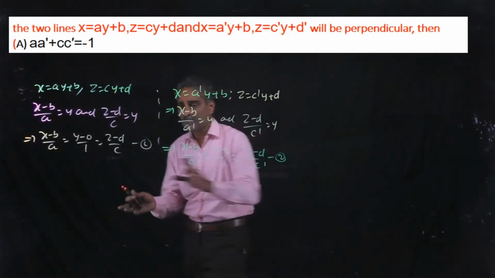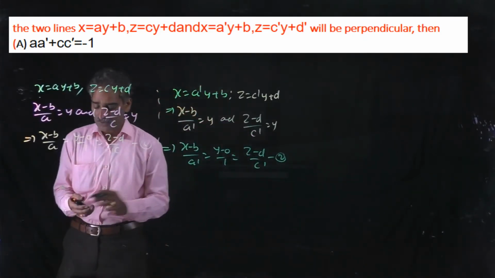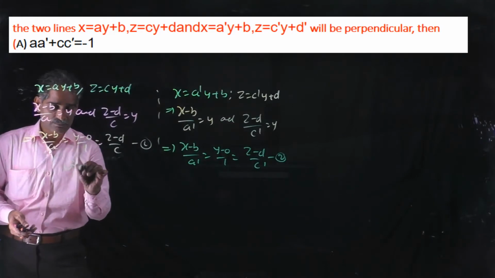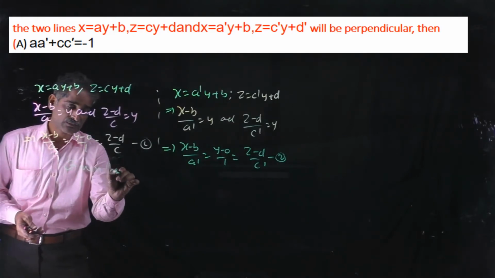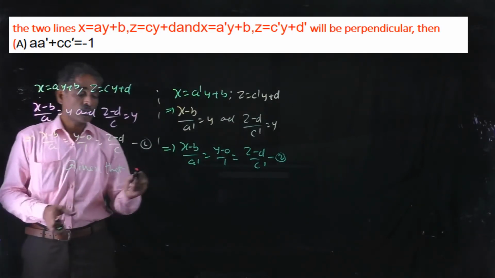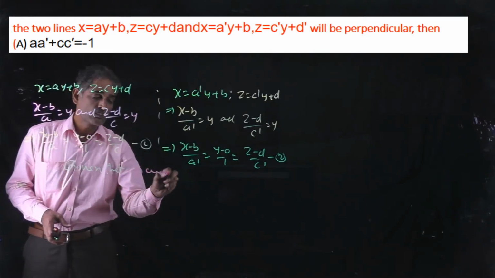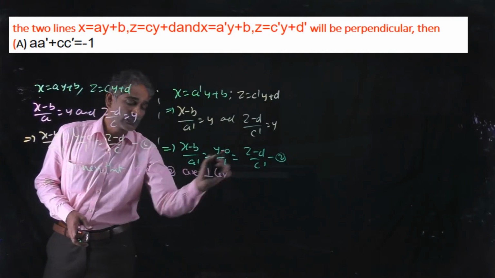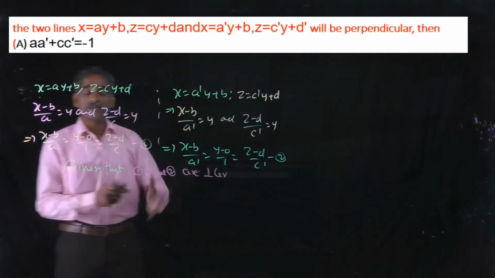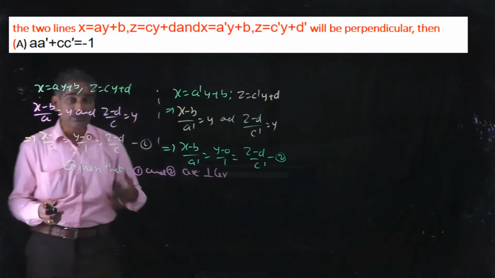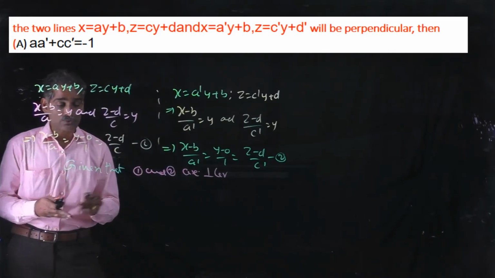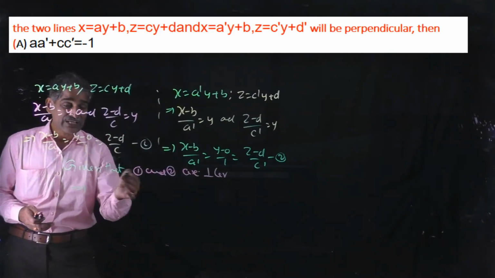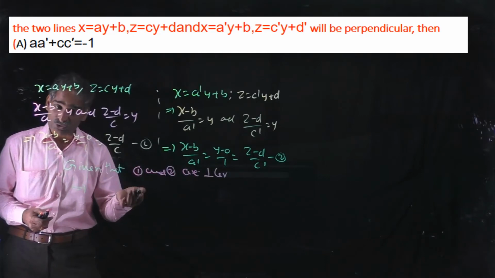We are given that lines 1 and 2 are perpendicular, therefore the sum of the products of their DRs is 0. Therefore, a1 a2 plus b1 b2 plus c1 c2 equals 0.